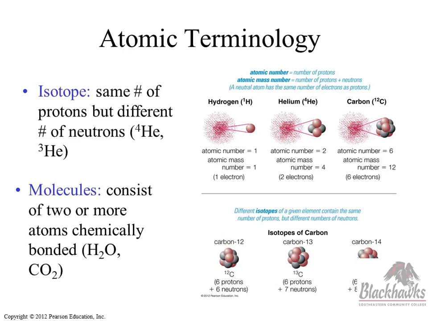Then the last term before we move on, one that you're probably already familiar with, is we upscale from atoms to molecules. If atoms are bonded together, they can pair up and make molecules. I'm amazed that part of what we know about outer space actually has to do with seeing trace amounts, for instance, of carbon monoxide, the molecule CO, out there in outer space.